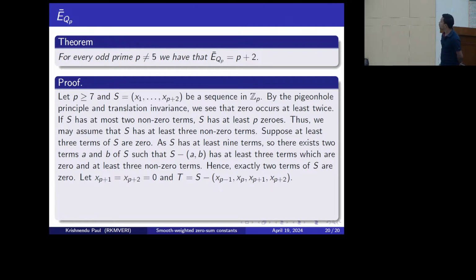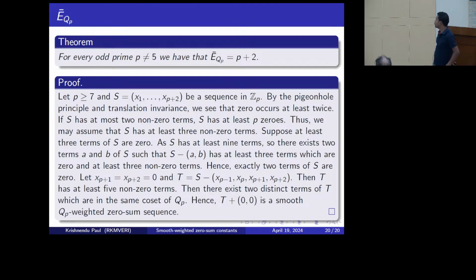So let us take the last 2 terms as 0, and we take the subsequence T by removing the last 4 terms from S. Then T has at least 5 terms, as S has at least 9 terms.